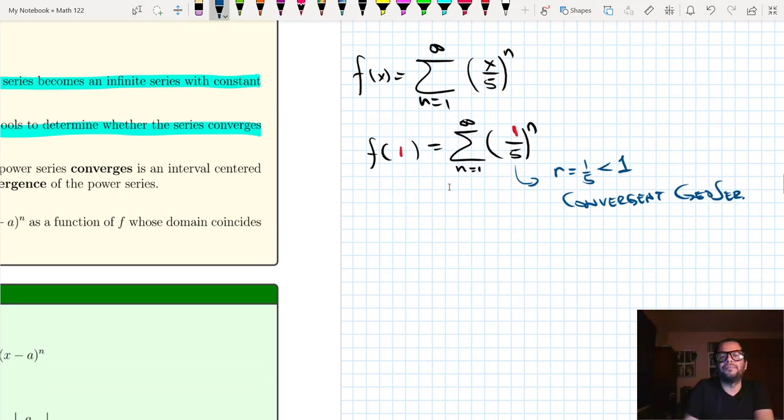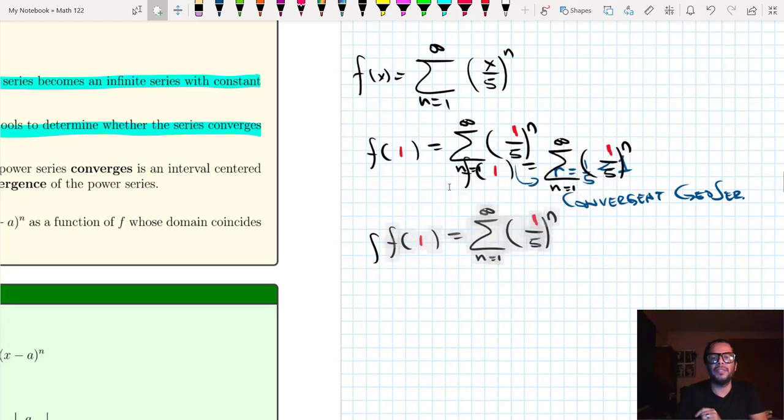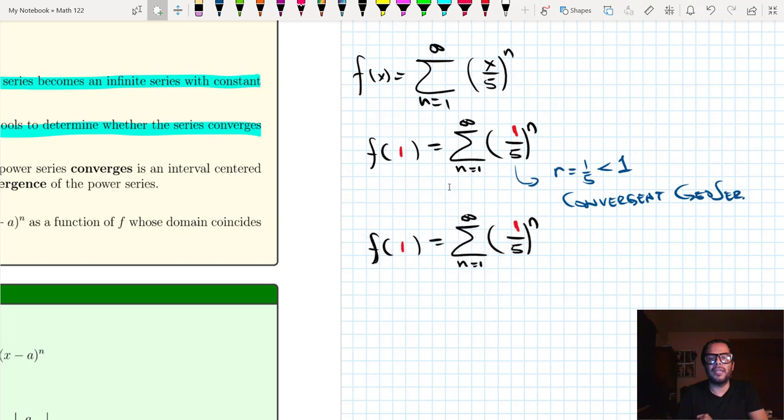Now, let's try other numbers. How about f evaluated at 3? Is the series convergent for x equals 3?